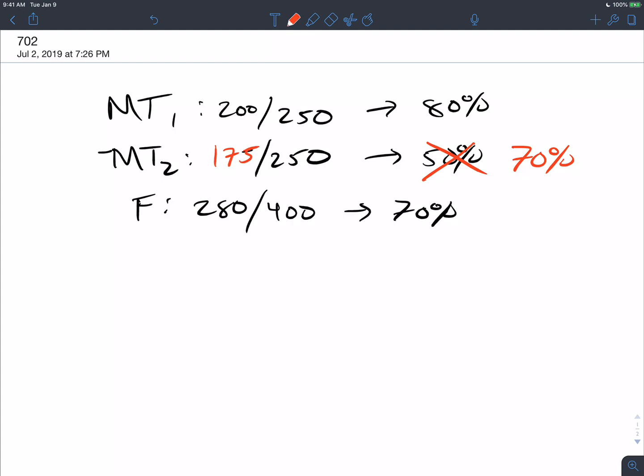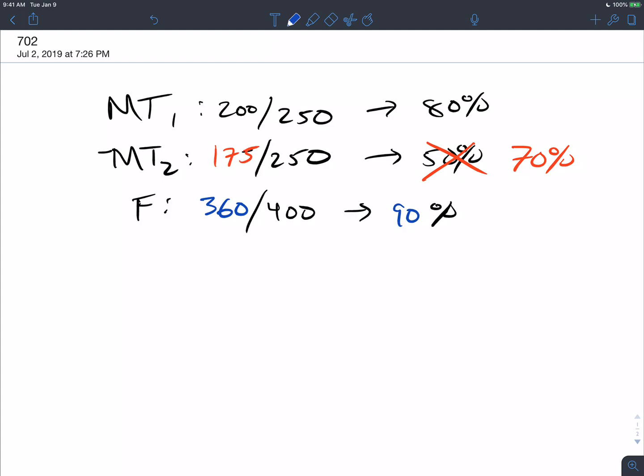Then if you got 90% on it, it would replace both. Yeah, it would replace them both with 90%. So let's work out this other scenario. Let's say I got a 90% on this, which is 360.